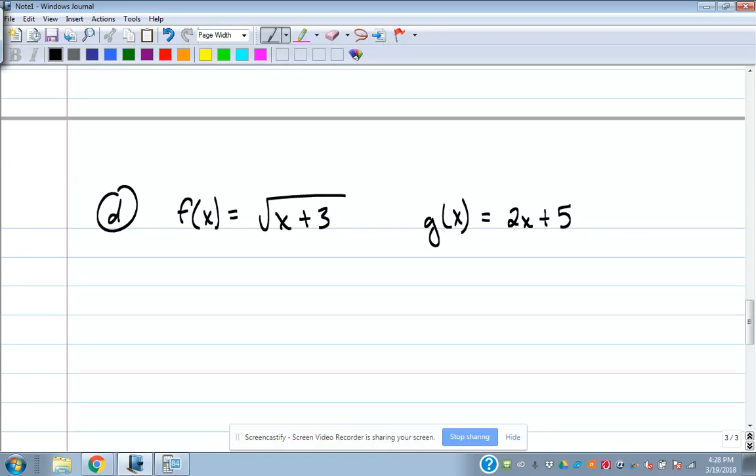Okay. Again, let's find f composed with g of x and the domain. We're finding both of those: the composite function and the domain of that composite function.